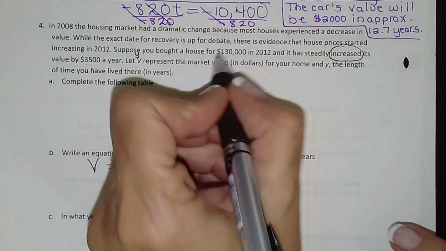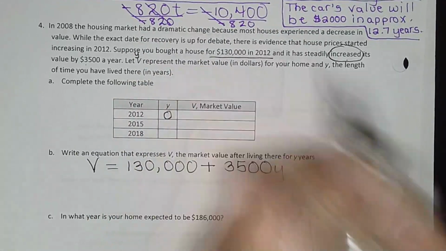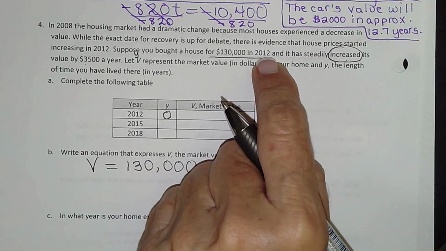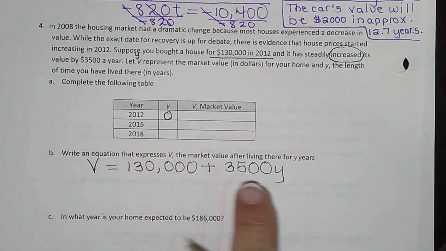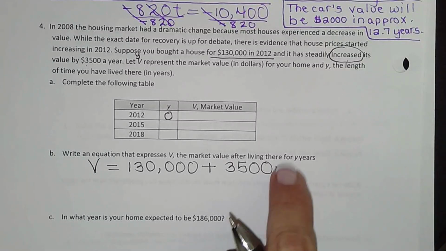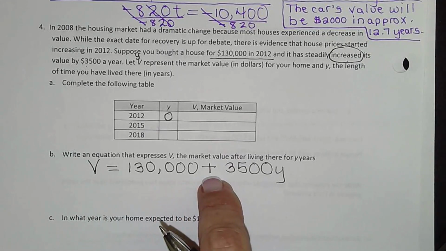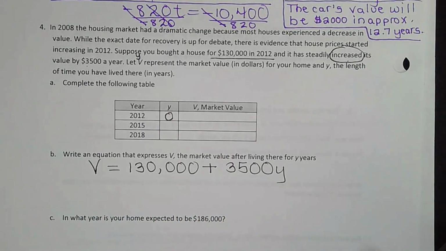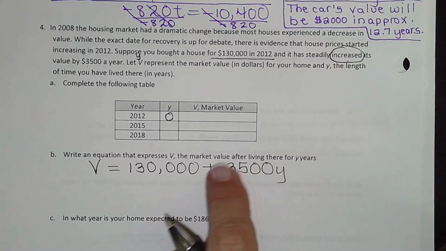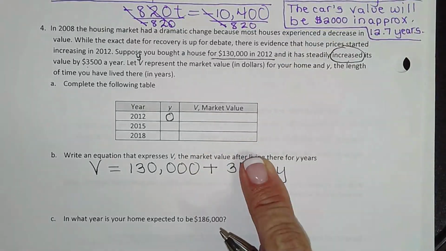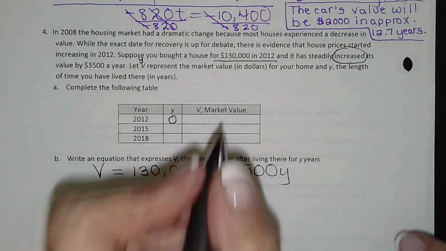So the beginning price is called year zero. Because if I put a 1 here, that would say in 2012 it was worth 133,500, and it wasn't. I need this to be a 0, so this goes away, and in 2012, my house was worth $130,000.